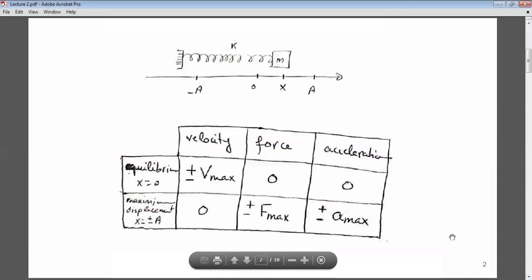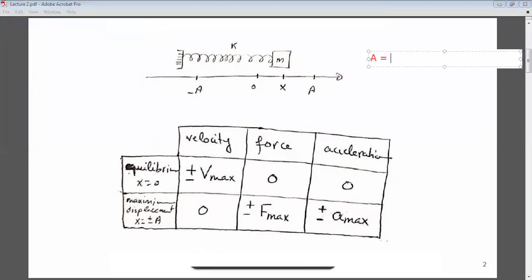So let's visit again our mass spring system. We have a mass attached to a spring, and the mass is oscillating between two values, minus A and plus A. So we agreed that this A is the amplitude of oscillation.